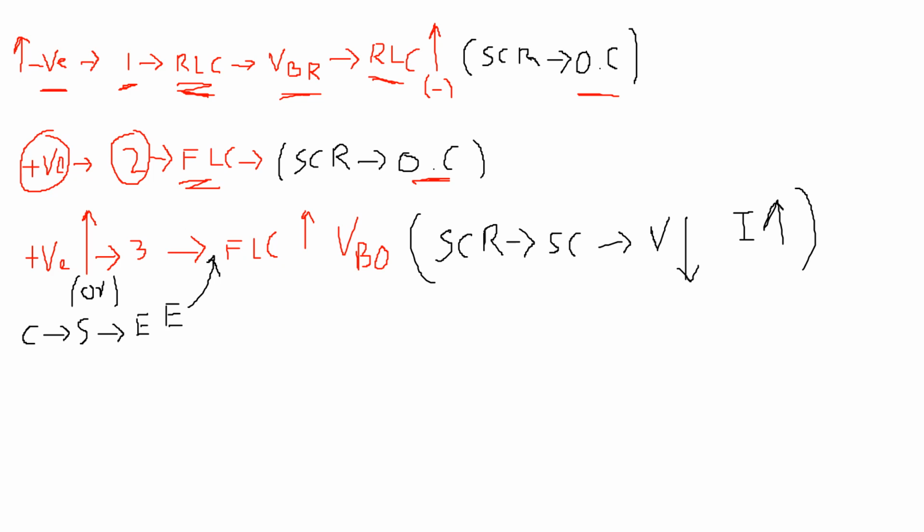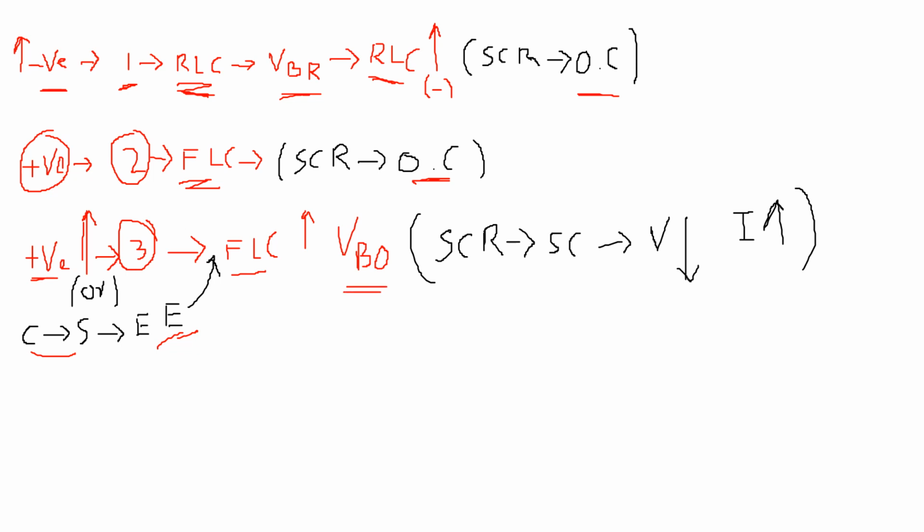Now coming to the third case. In the third case we are going to increase the voltage between anode and cathode, or by keeping this voltage constant and closing the switch S we inject the charge carriers by using the external voltage source. Due to this we get an increment in forward leakage current at a particular voltage.